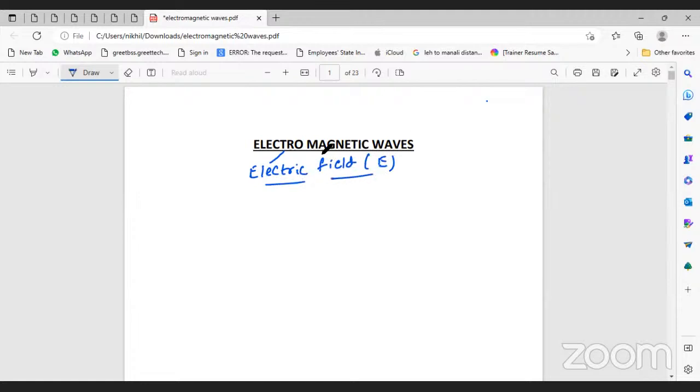And also you have studied about the concept of the magnetic field, which is denoted by the symbol B.